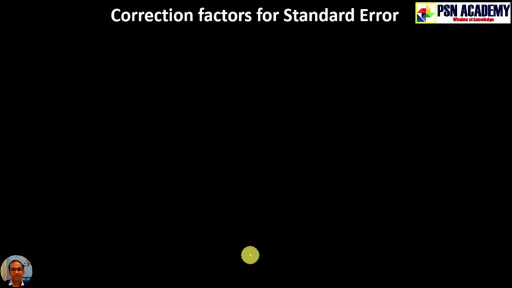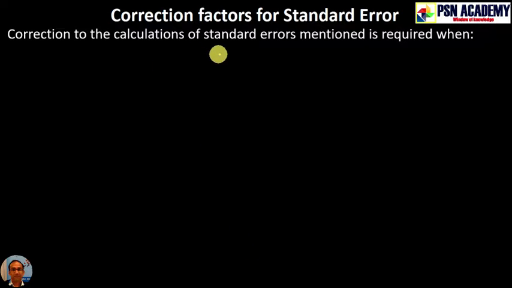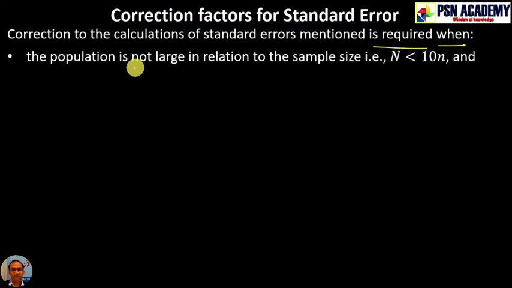Now, we go for correction factors for standard error. Corrections to the calculations of standard errors mentioned are required when the population is not large in relation to the sample size. That means the population size is capital N and the small n is the sample size.